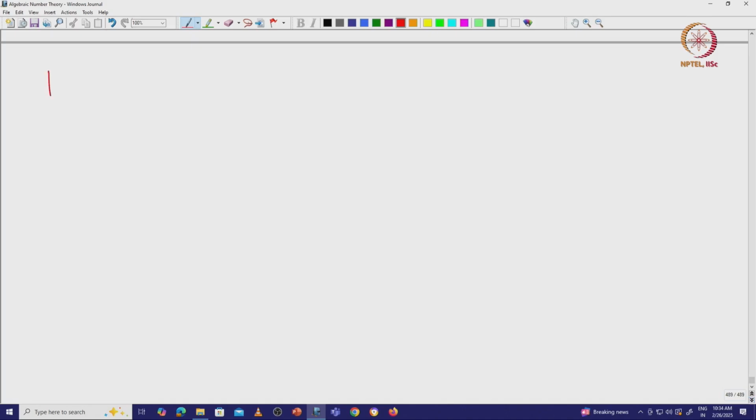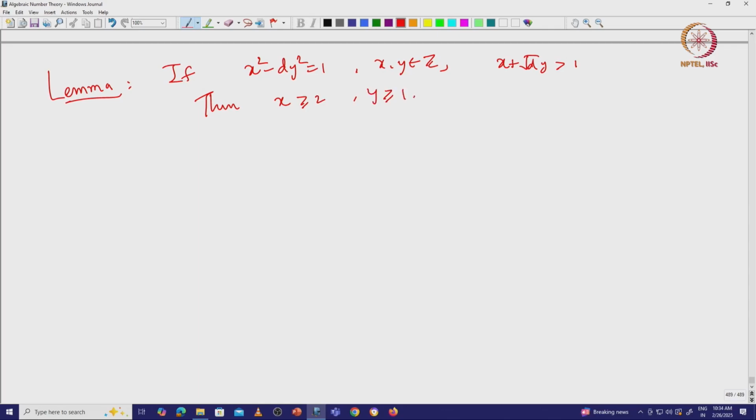So, here is a lemma. If x square minus dy square equals 1, with x and y in Z, and I also assume that x plus y square root of d is bigger than 1, then x is bigger than or equal to 2 and y is bigger than or equal to 1.